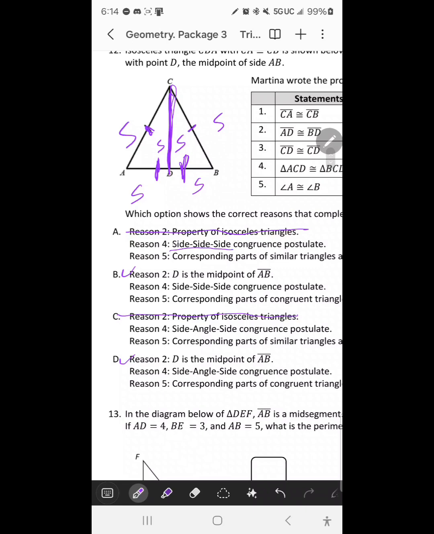Okay, side, side, side, we're fine. Now side, angle, side. This is not what we're looking for. This is side, angle, side. This is not what we're looking for. And this is side, side, side. B is supposed to be our answer.